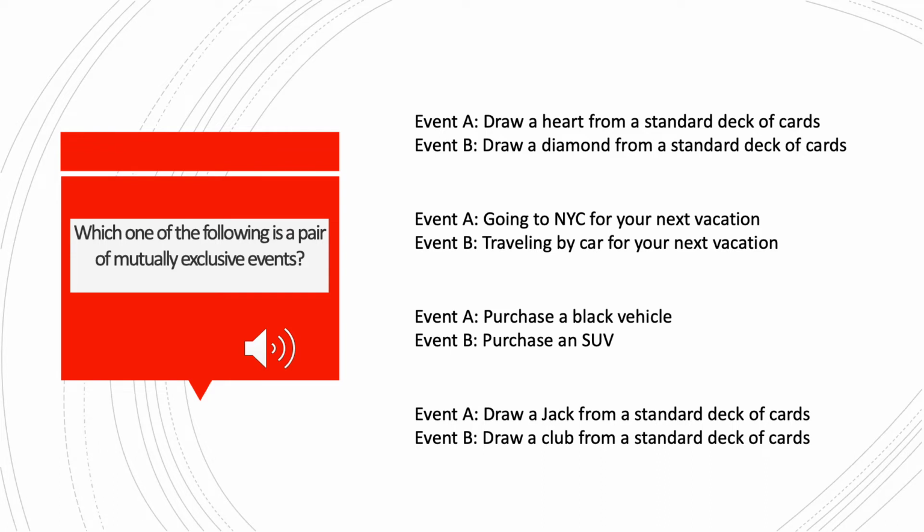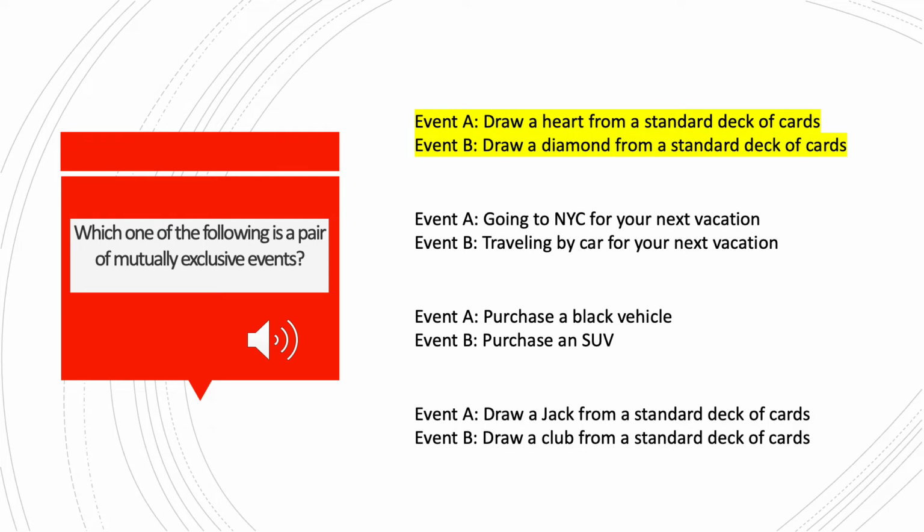Event A, draw a jack from a standard deck of cards. Event B, draw a club from a standard deck of cards. So in one draw of a standard deck of cards, is it possible to draw a jack and a club at the same time? So only one option of these 4 is mutually exclusive.